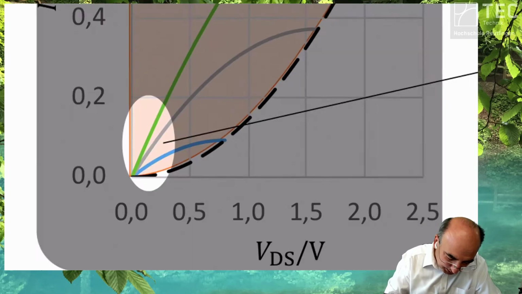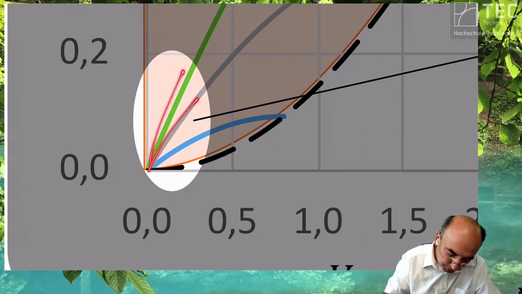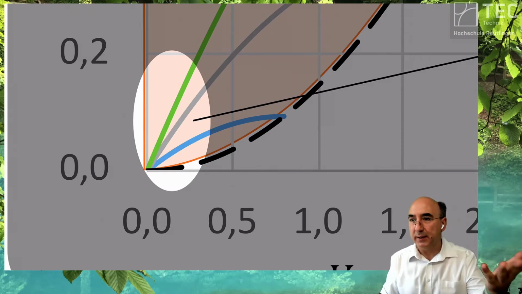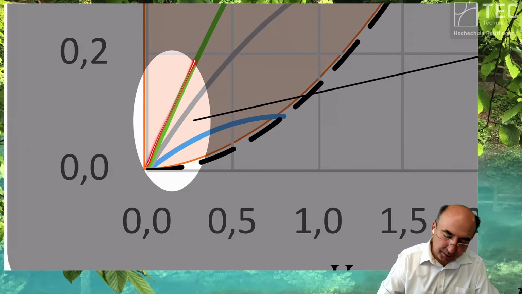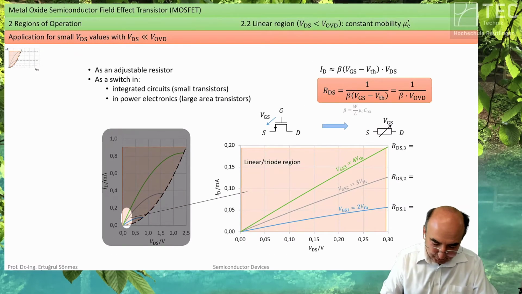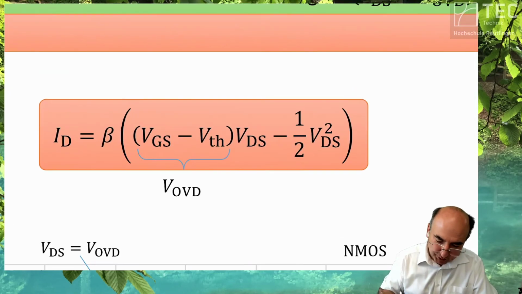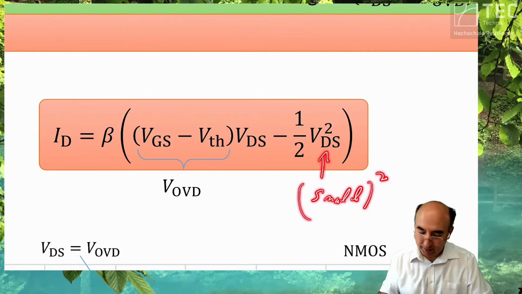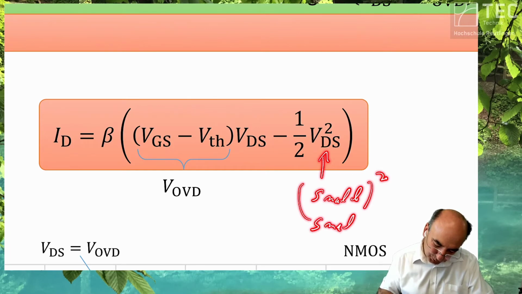And in this area, now we look at these graphs. And what do you see at a glance? It is linear. Why is it linear? For sure, if you take this equation and make this value small, and you square this small value, then it gets smaller.